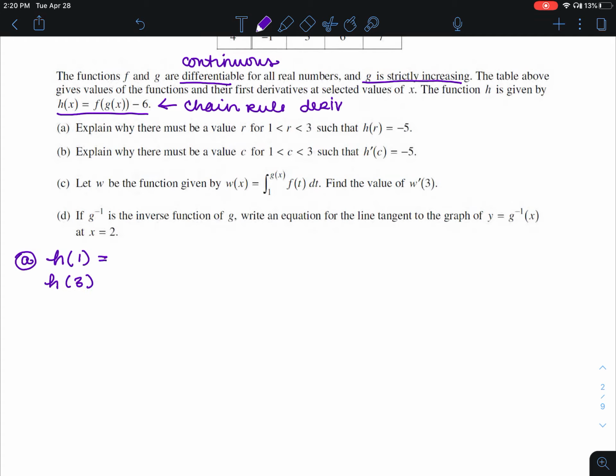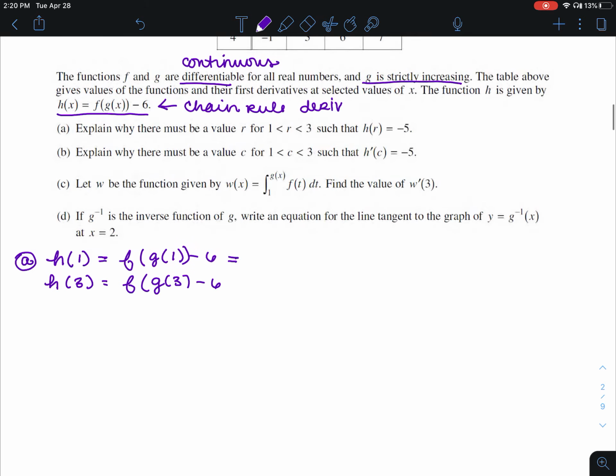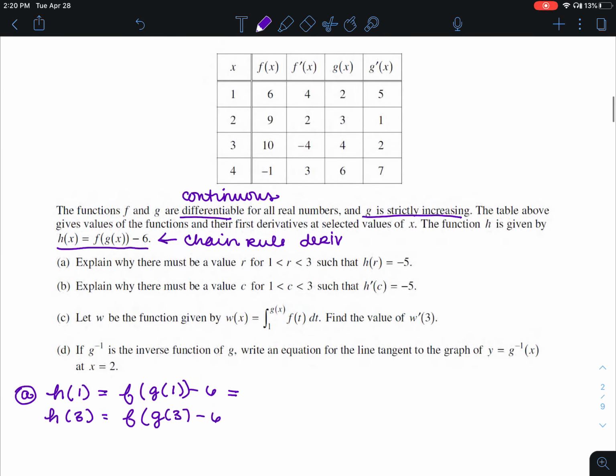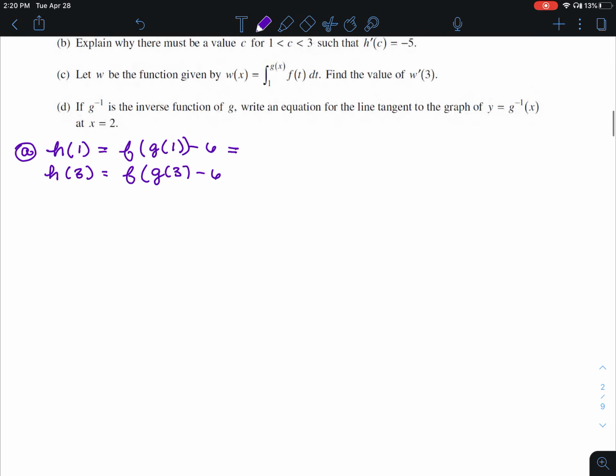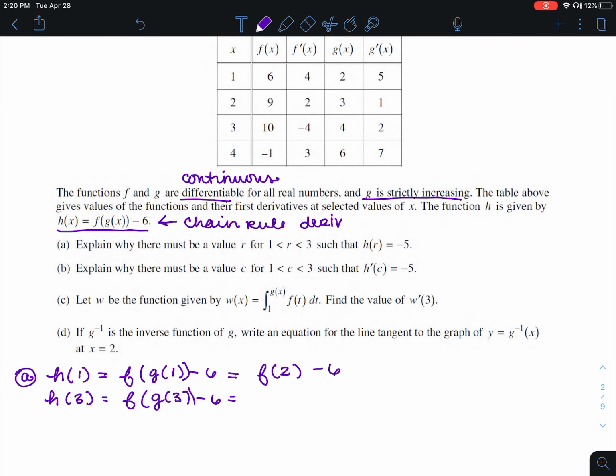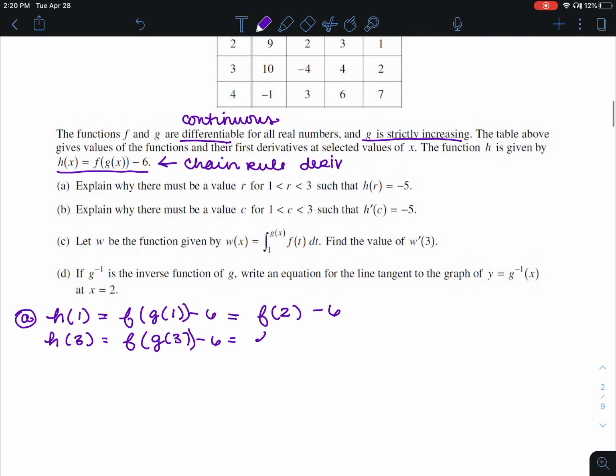So h of 1 is going to be equal to f of g of 1 minus 6. h of 3 is going to be f of g of 3 minus 6. g of 1 is 2, so we've got f of 2 minus 6. g of 3 is 4, so then we have f of 4 minus 6.